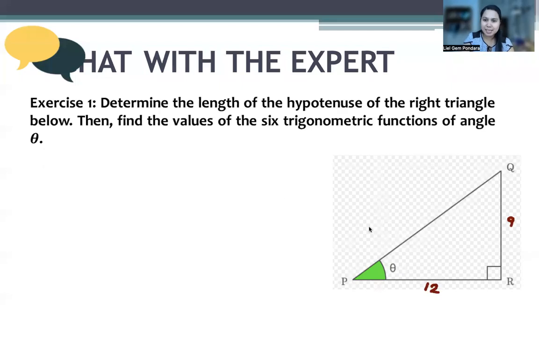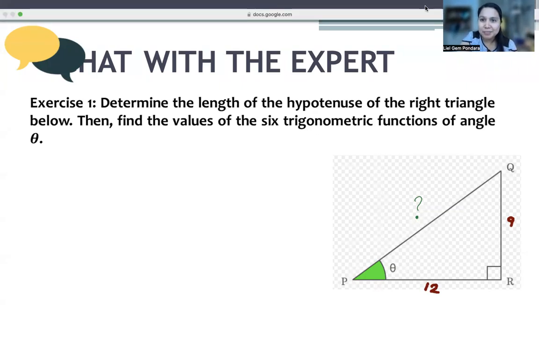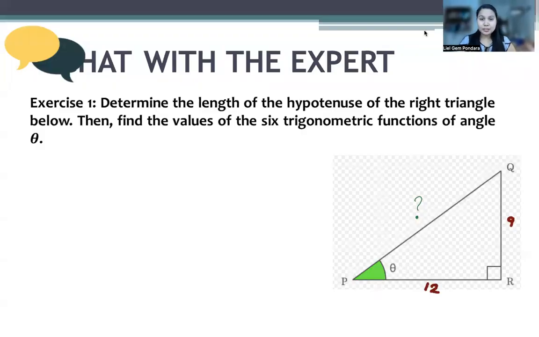If you see, this one is missing, so we need to solve for our hypotenuse. Remember that. Now, if you see, this side is missing. So we will now start solving for this one.